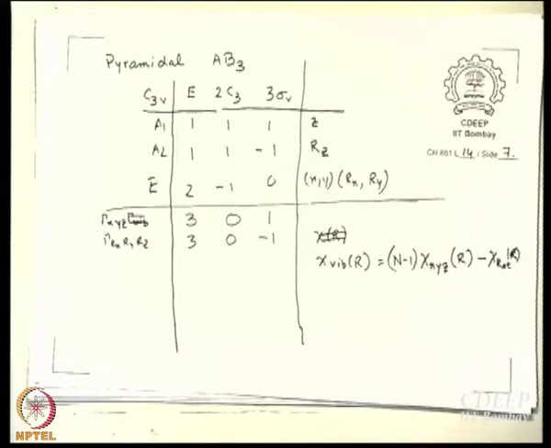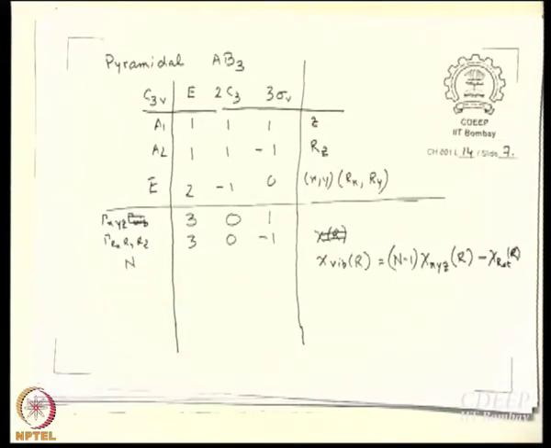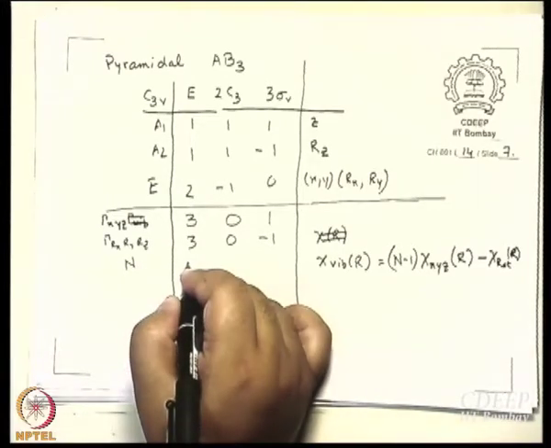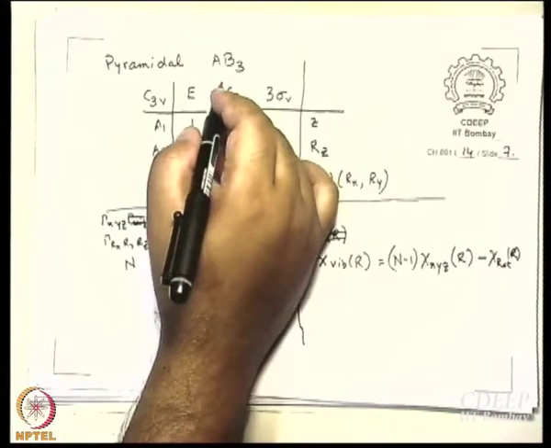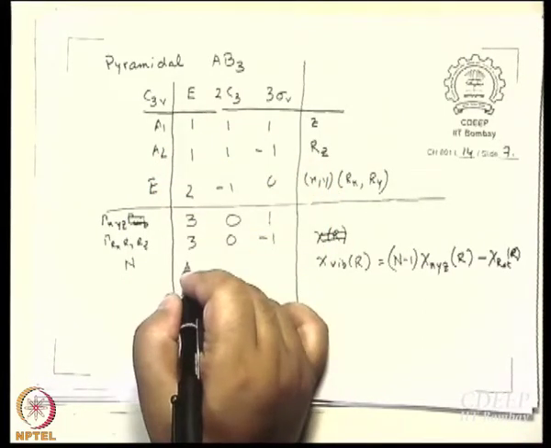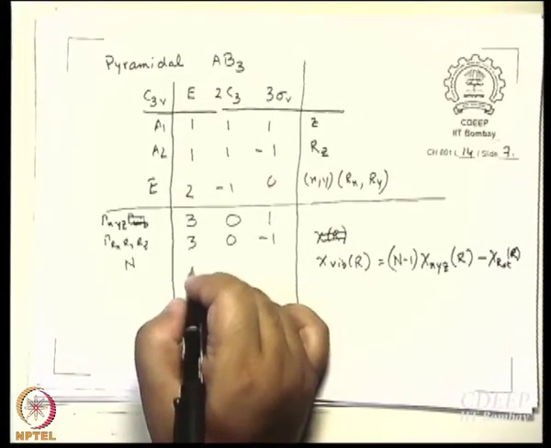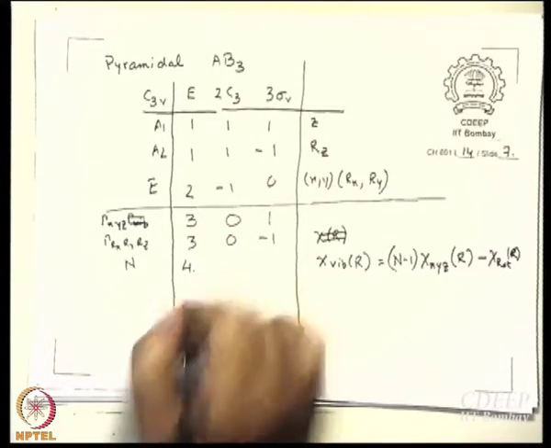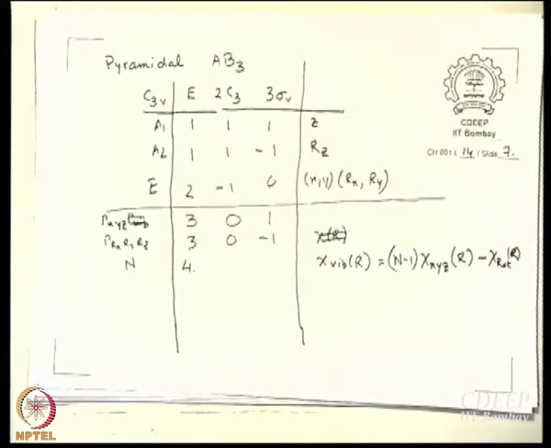All right. So now, what do I want now? I'll write n also, just to be a little more methodical. Don't forget how many atoms are there. How many atoms are there? 4. How many atoms change place under the identity operation? 0. So this is 0. 4. Number of atoms that don't change places? 4. How many atoms don't change places upon operation of C3? 1.